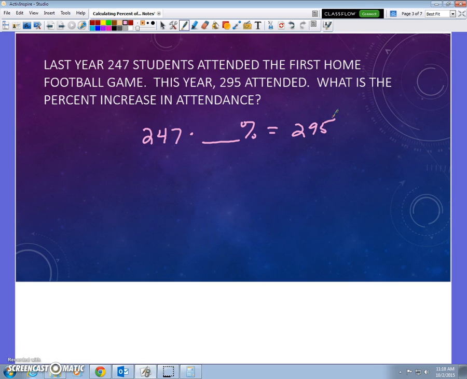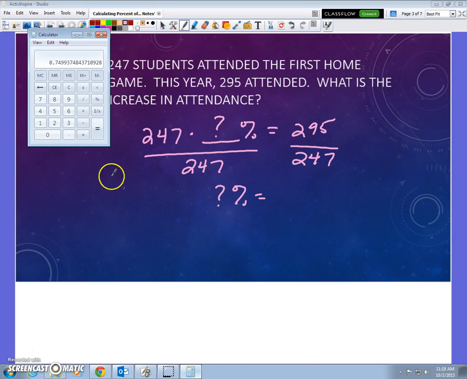So same thing, we're going to work backwards. I want to get this unknown percent by itself, so I'm going to divide both sides by 247. And this unknown percent is going to tell me, and once again I'm going to pull up my trusty calculator, 295 divided by 247 equals 1.194.